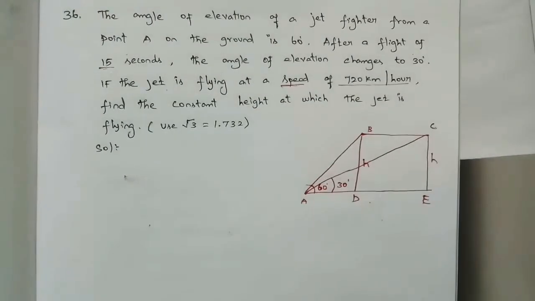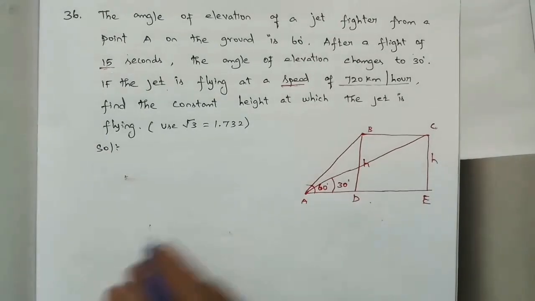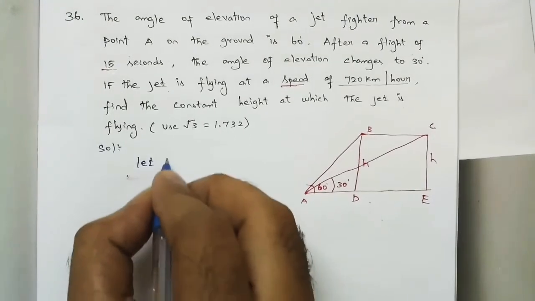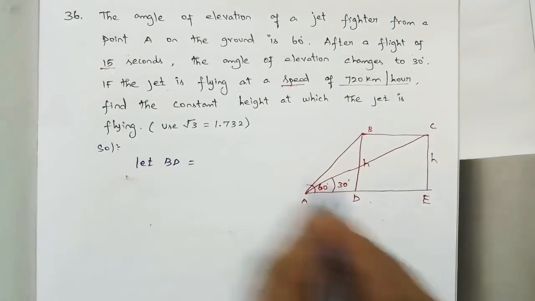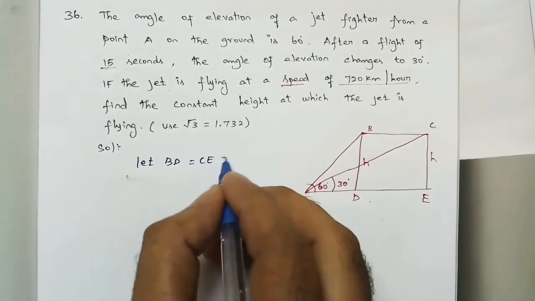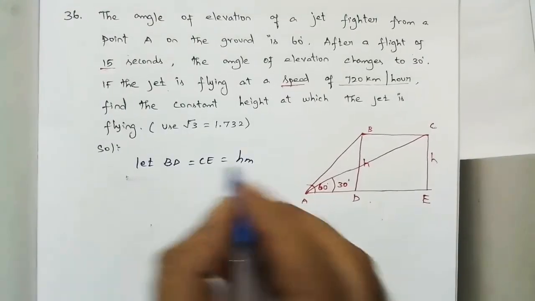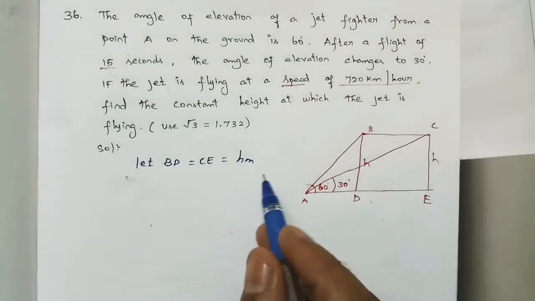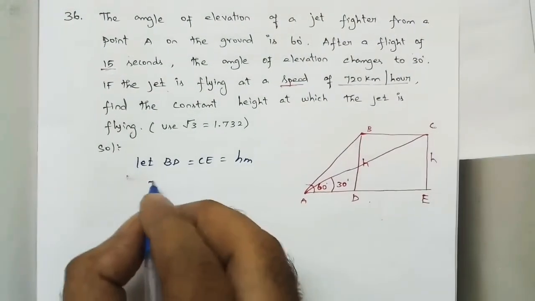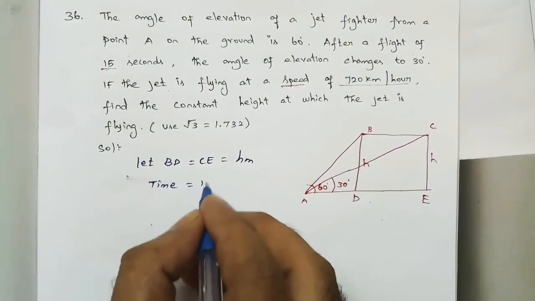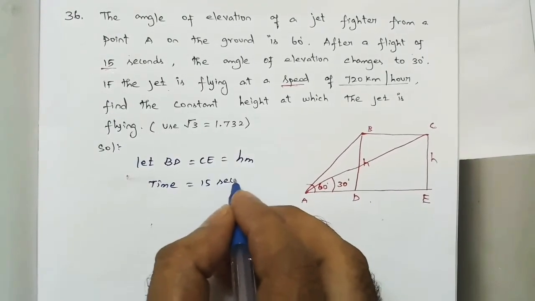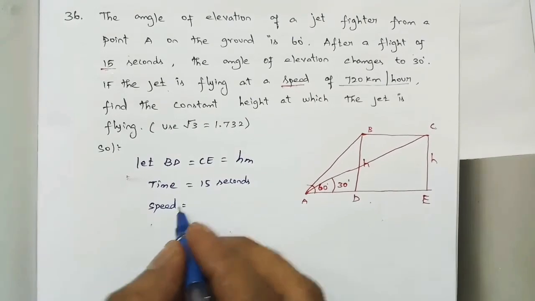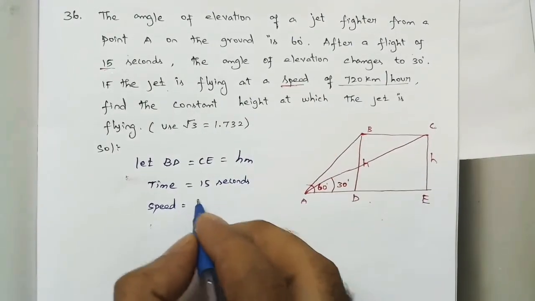So first, what are the givens we have? Let BD is equal to CE is equal to h meter, that is the height of the jet. Time is equal to 15 seconds, and speed is equal to 720 kilometer per hour.